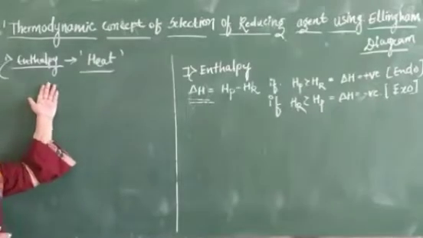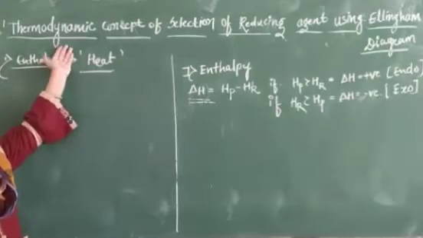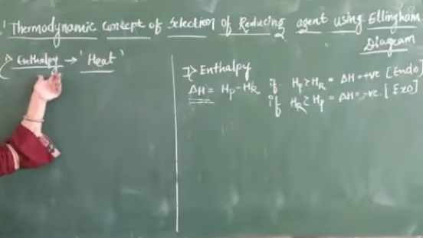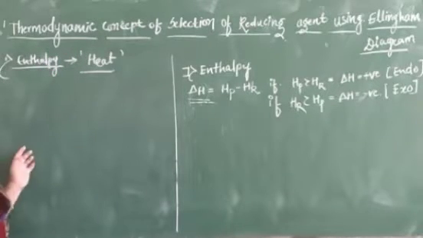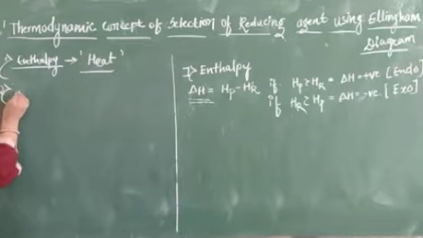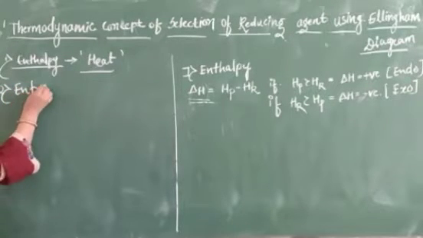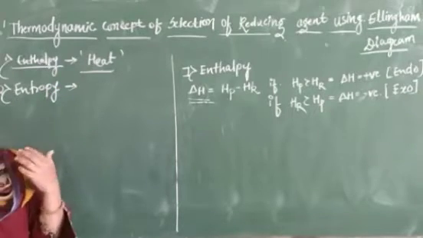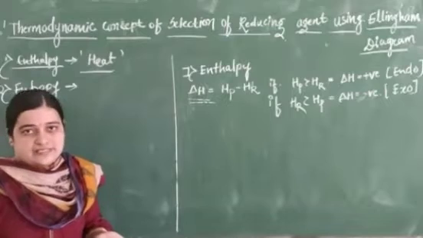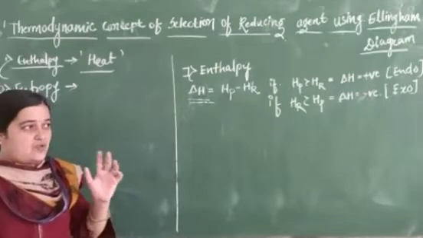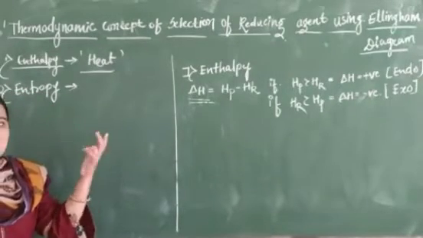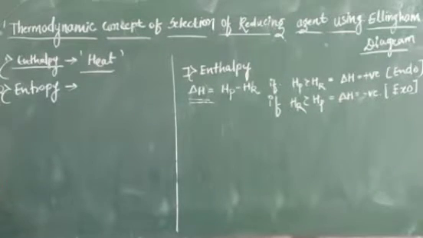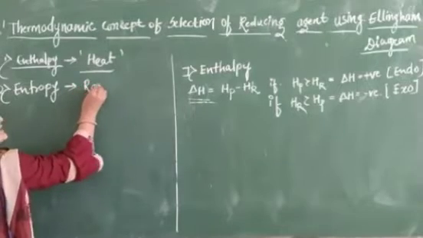This is the first parameter to study the thermodynamic concept of selection of reducing agent: delta H, enthalpy. Now the second parameter is entropy. Entropy is the measurement of randomness of the system, how random the particular reaction is.